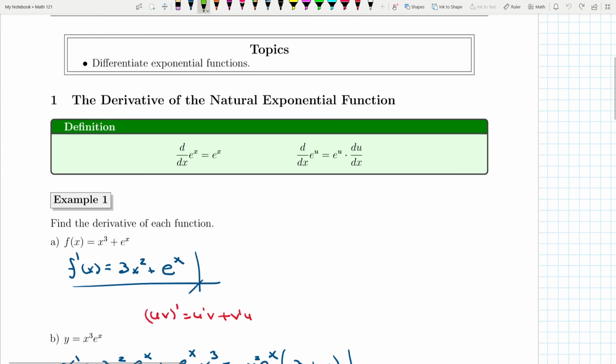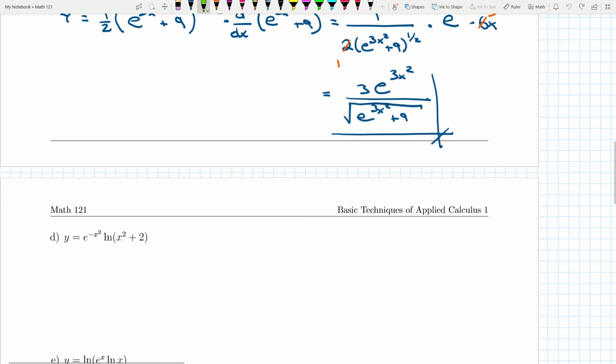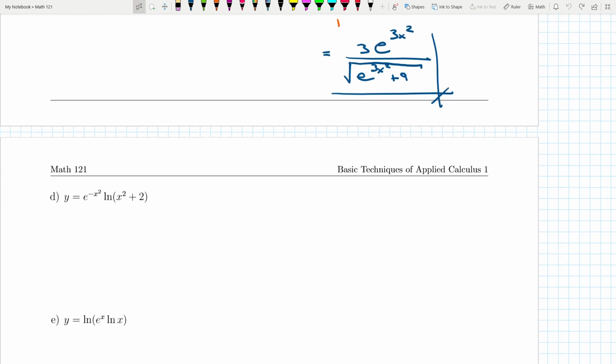So let's go ahead and write the product rule again. That's (uv)', which is u prime v plus v prime u.